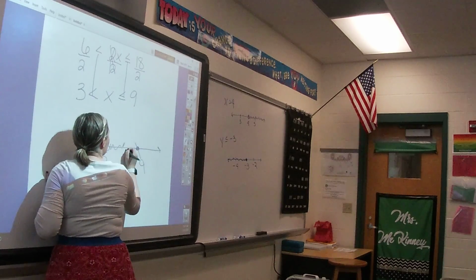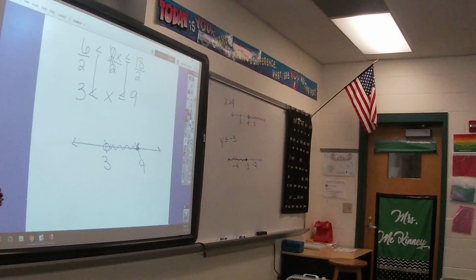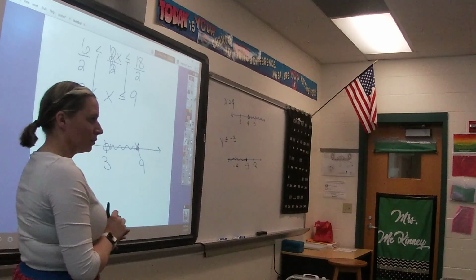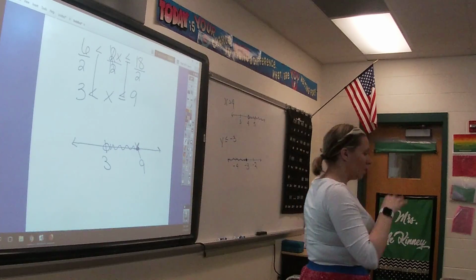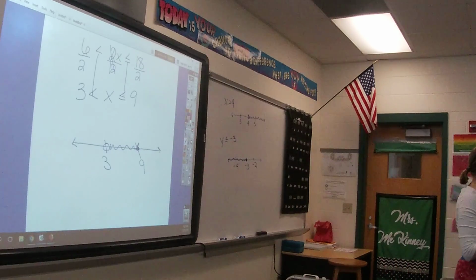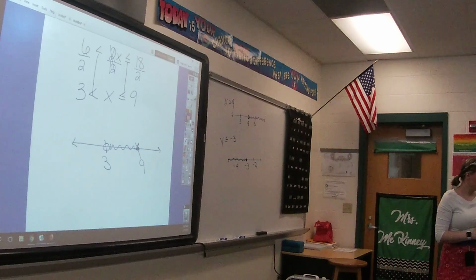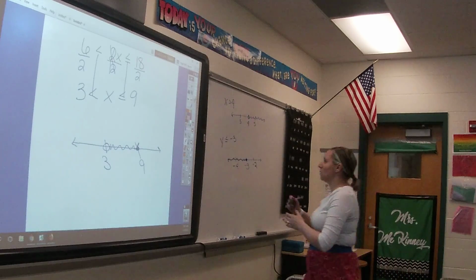And we're going to fill in the middle. Why are we filling in the middle? Because x is in between 3 and 9. We got a true statement, and we visually see x in between 3 and 9. You okay on that one? One more, and we're done.